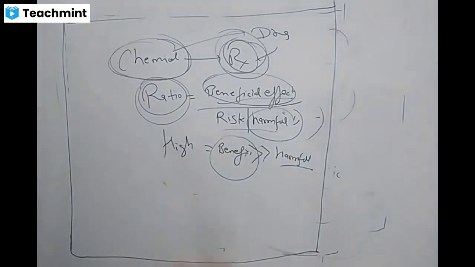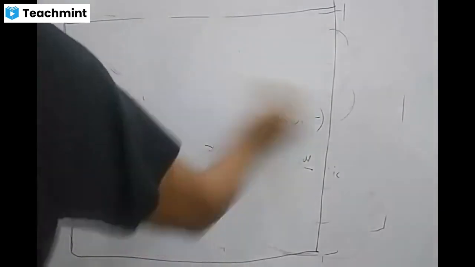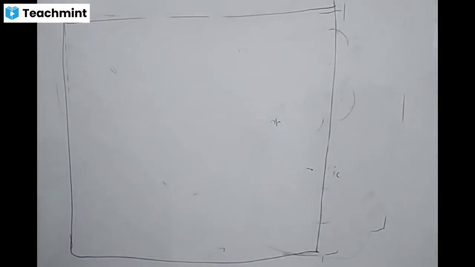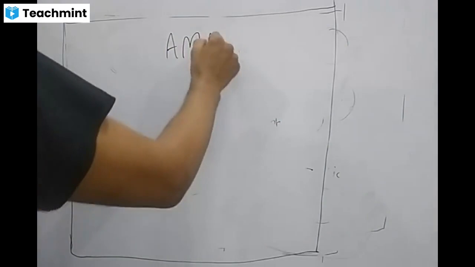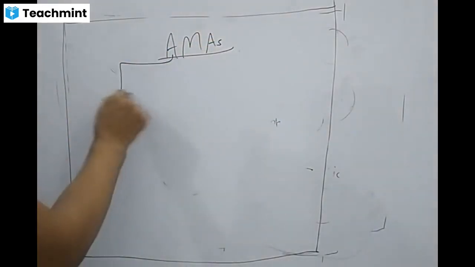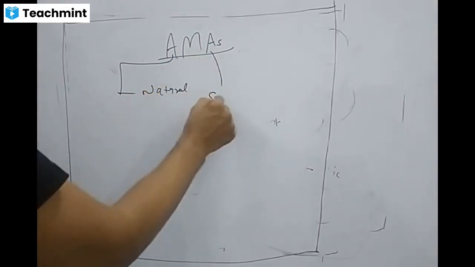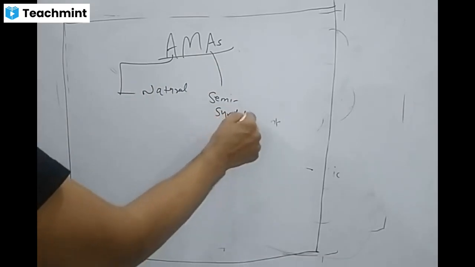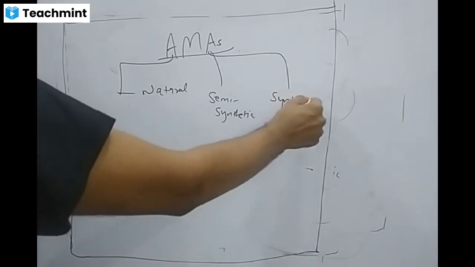General chemotherapy has some definitions or terminology. The first terminology is antimicrobial agents. These antimicrobial agents may be natural, semi-synthetic, or synthetic.